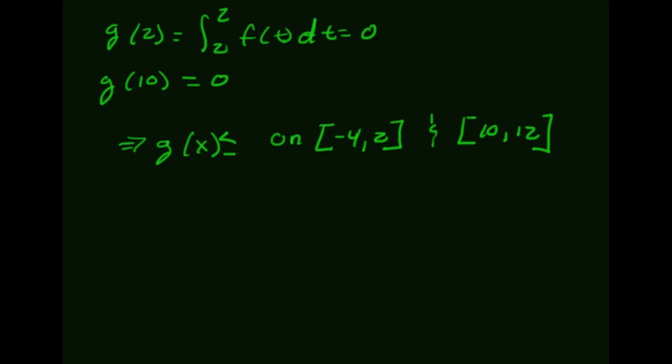Alright, so let's look at problem 3. In this problem you're given a differential equation, and the first thing you have to do is find the second derivative in terms of x and y.